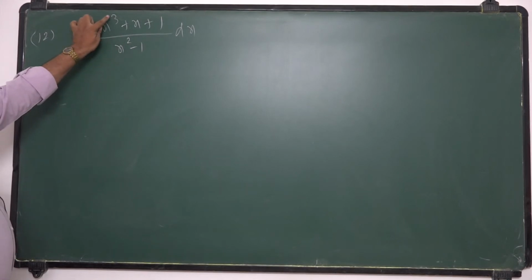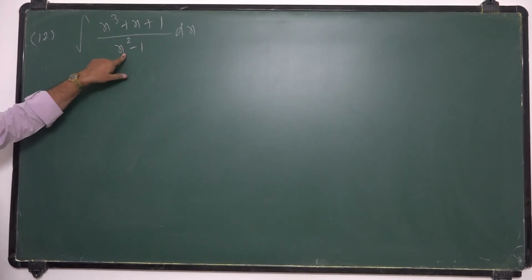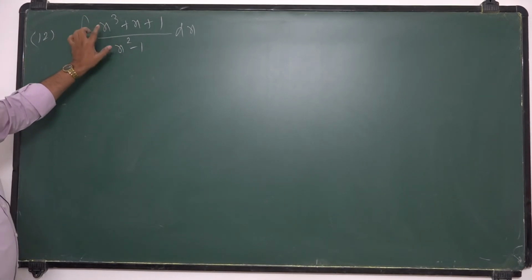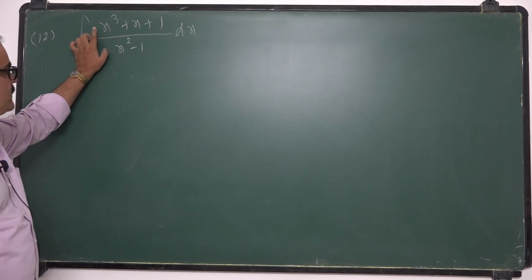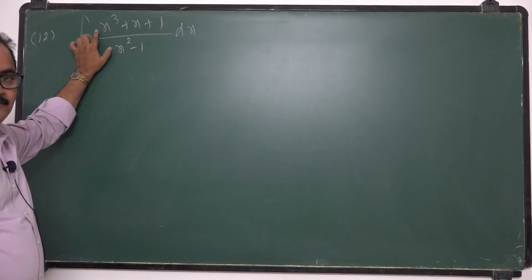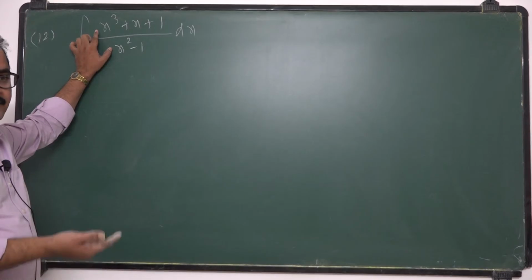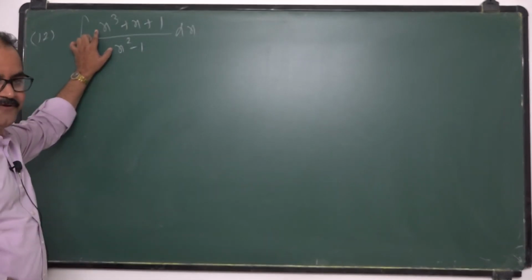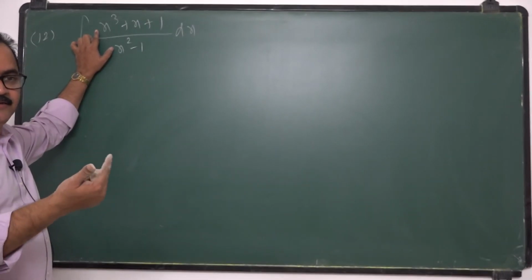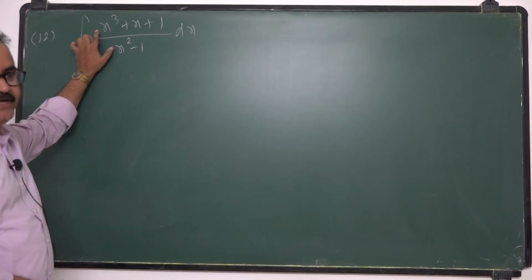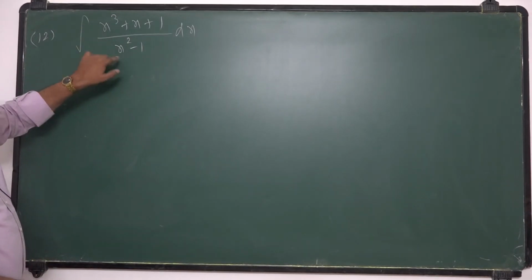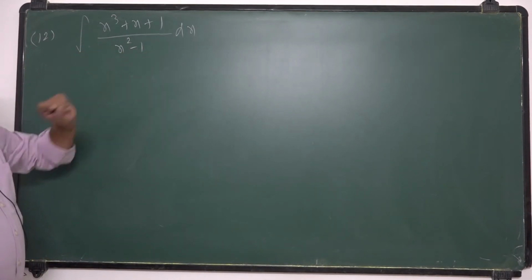If the degree of numerator is greater than the degree of denominator, then this fraction is called an improper fraction. We convert the improper fraction into a proper fraction and then resolve into partial fractions. How can we convert? By ordinary division.